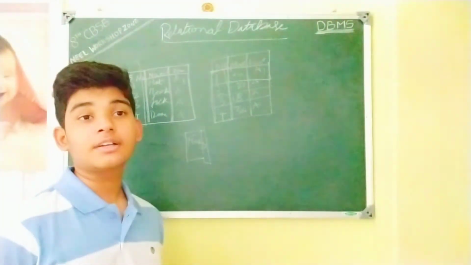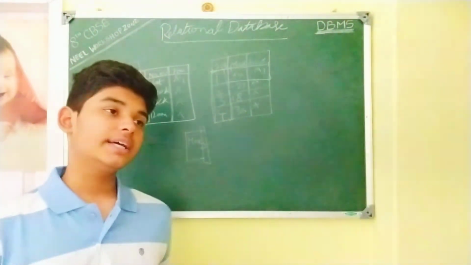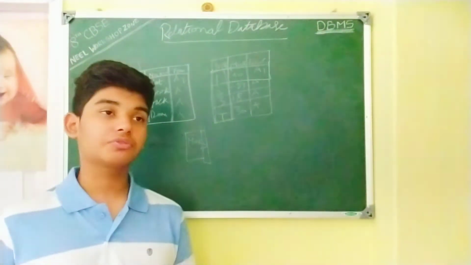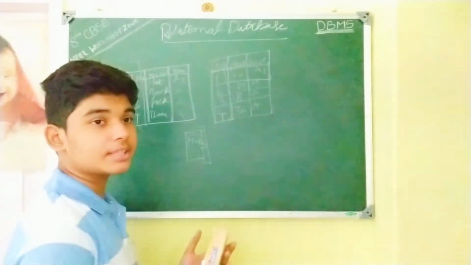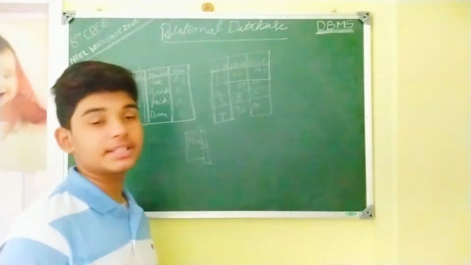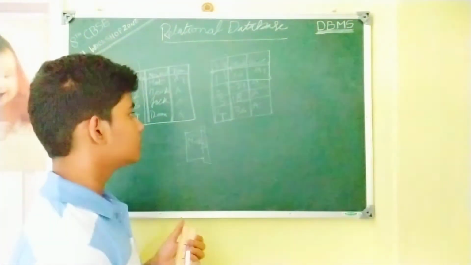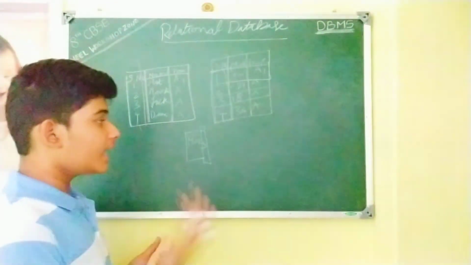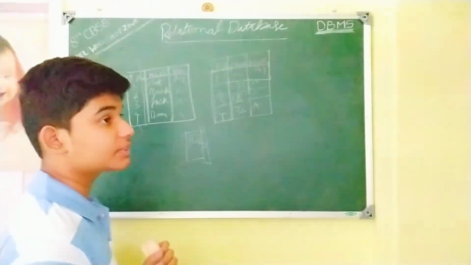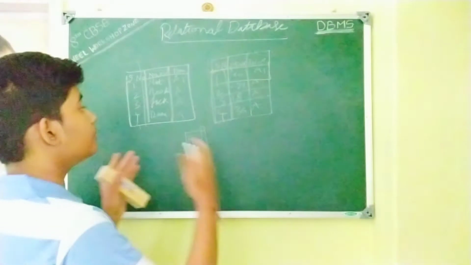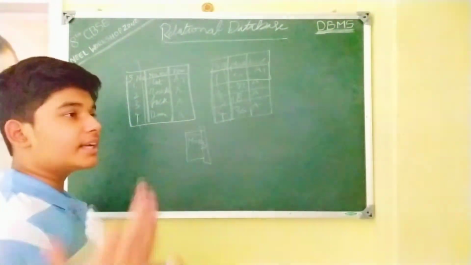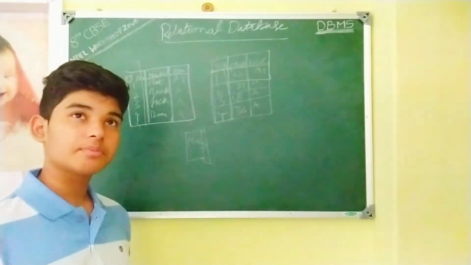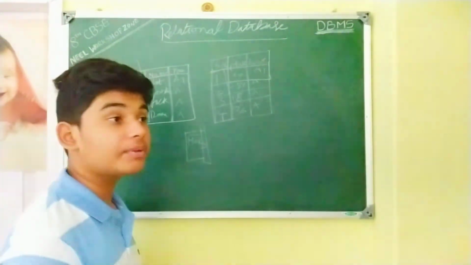Mostly people think that there are only 4 types of keys, but in reality, there are 8 types of keys. I'll do an episode on it, but for now, let me give you a small example of what it is. Keys are basically the things which help you identify the relation between two databases. There are different types of keys, like for example, candidate key and primary key.